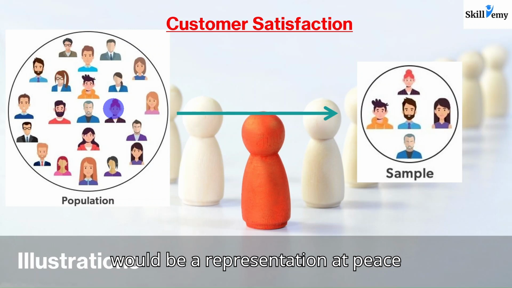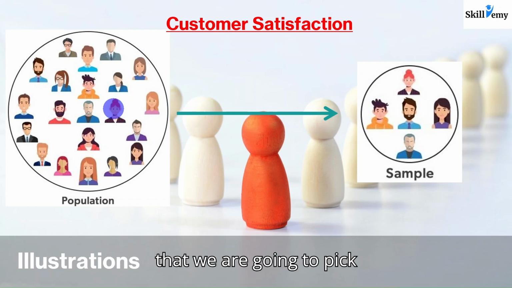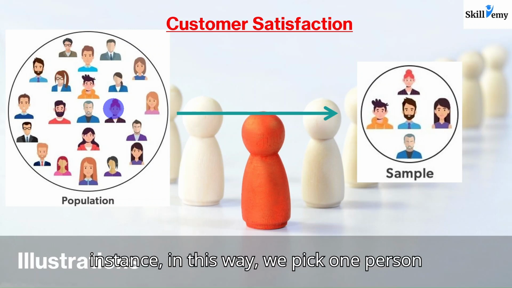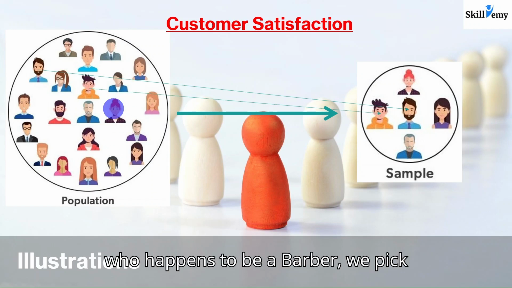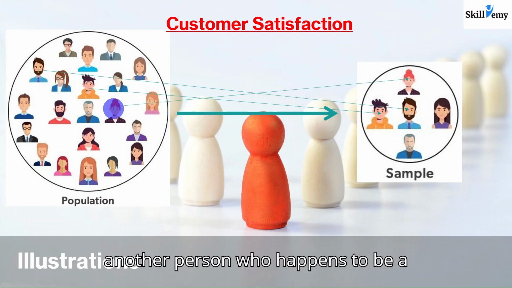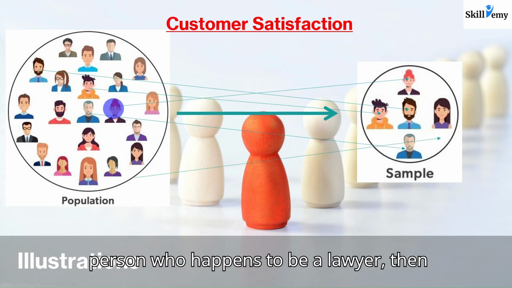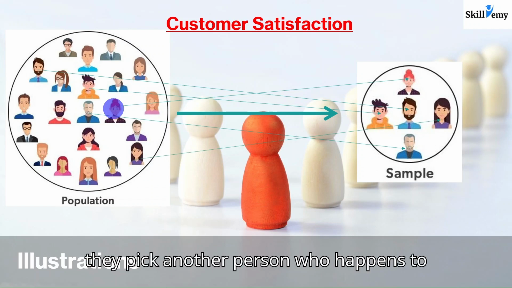So the sample would be a representation, a piece that we are going to pick from the whole. So for instance, in this way, we pick one person, maybe from a bank. We pick another person who happens to be a barber. We pick another person who happens to be a teacher. We pick another person who is a lawyer. Then we pick another person who happens to be a consultant.